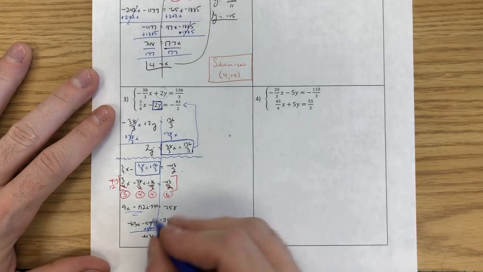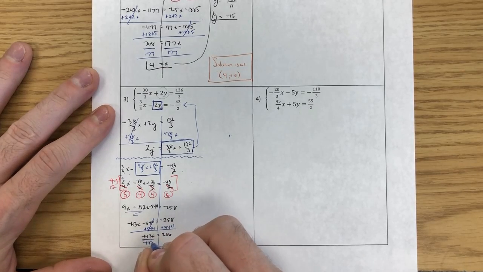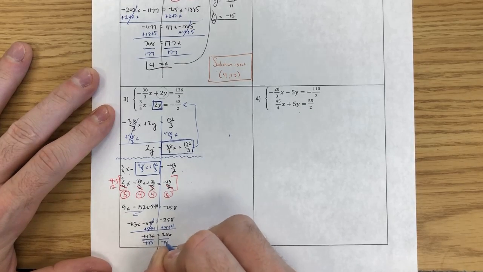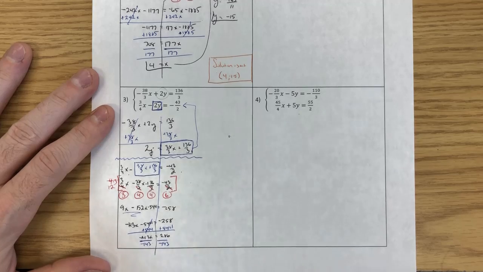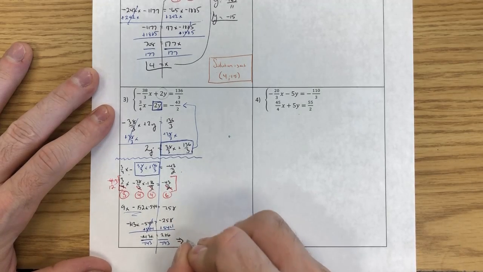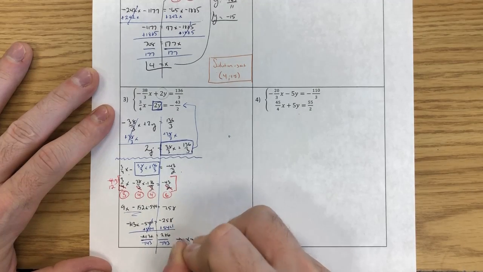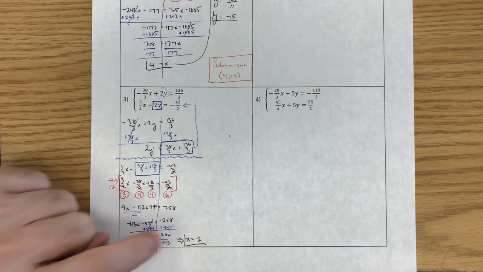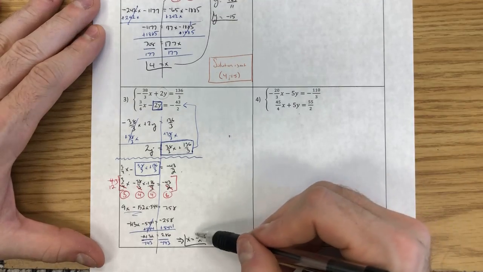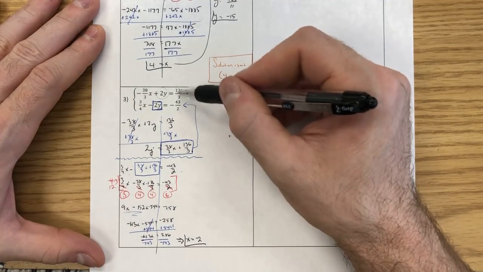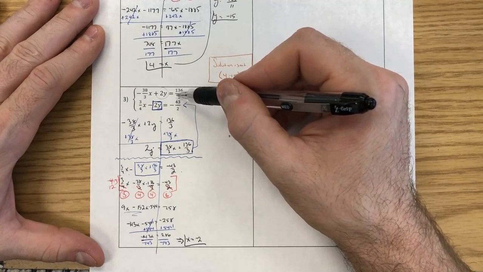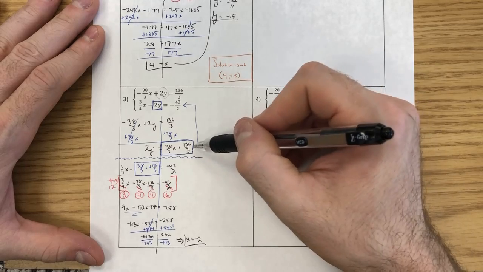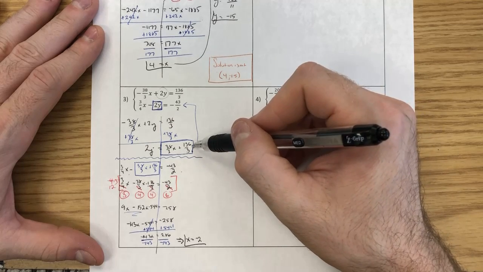And then once you've isolated the term, go ahead and isolate the variable. Boom. I get x equals negative 2. And now once we solve for that variable, most of the time we're going to go plug it back into the original two equations, but we could also plug it into our newly modified equation.